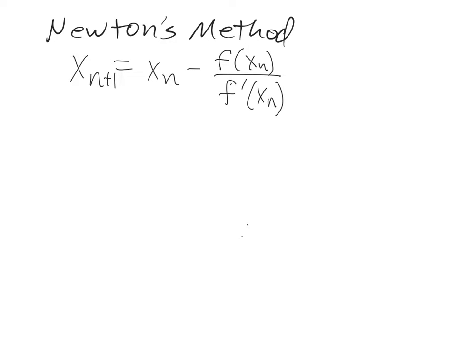Now this one, there's a lot of varied ways to remember what this is. For me, the way I have to remember this is the equation of the tangent line.